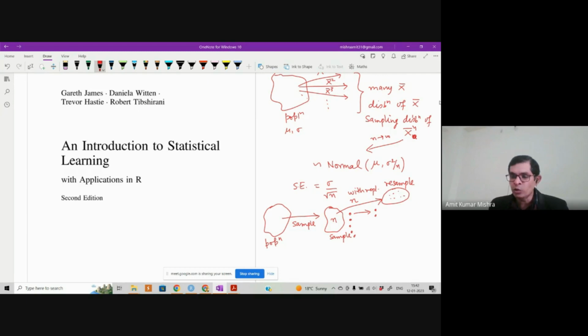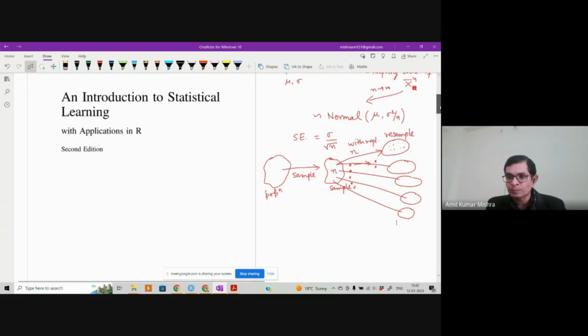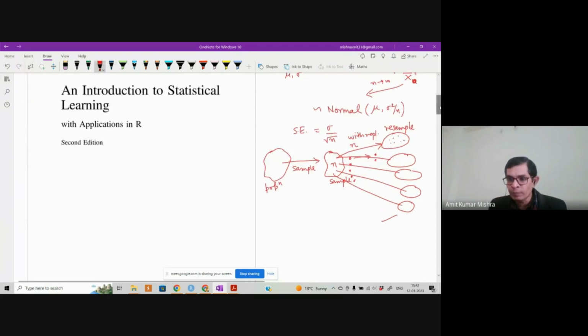So we are actually resampling from the sample. And these resampled data are actually called bootstrap samples.